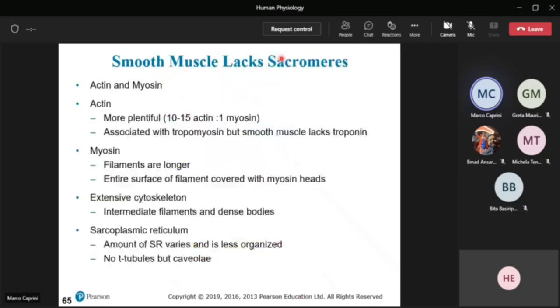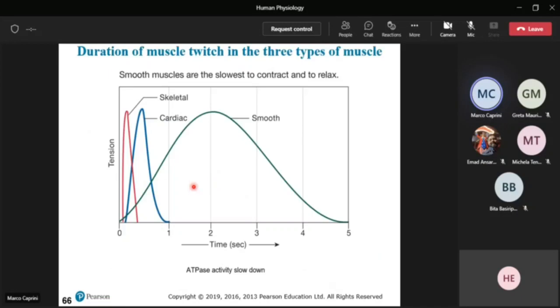But what about, and this is always the same summary slide, the single muscle contraction in the skeletal muscle and in the smooth muscle? Look at the graph. Here is the tension, the force, the contraction, and here is the time.